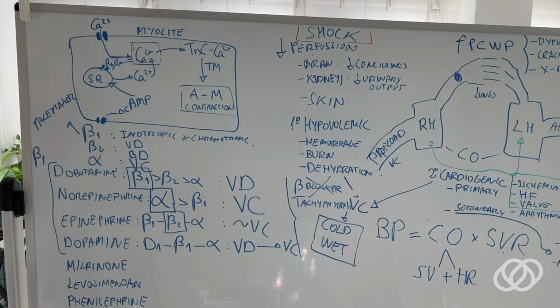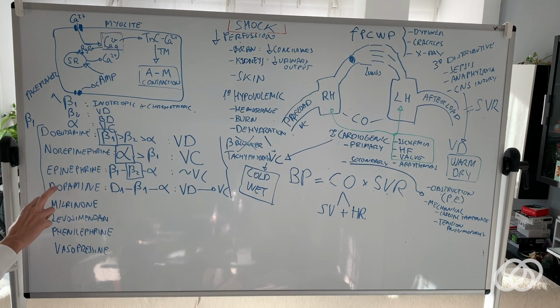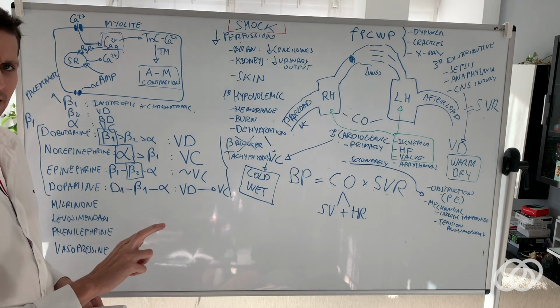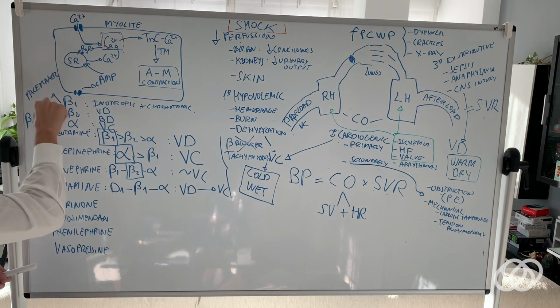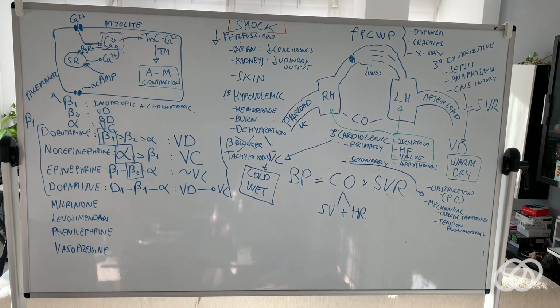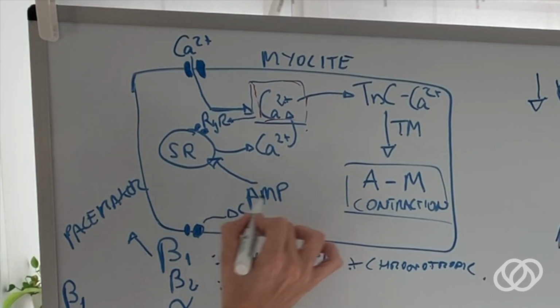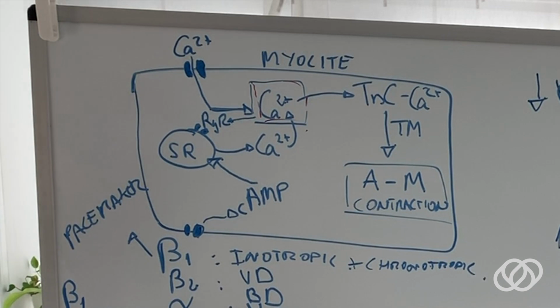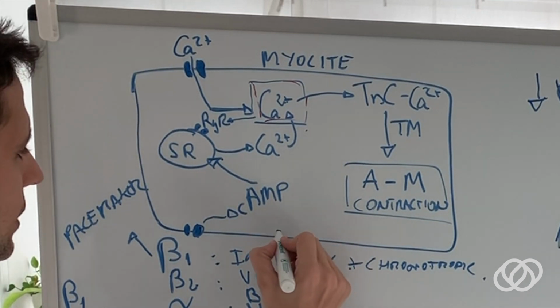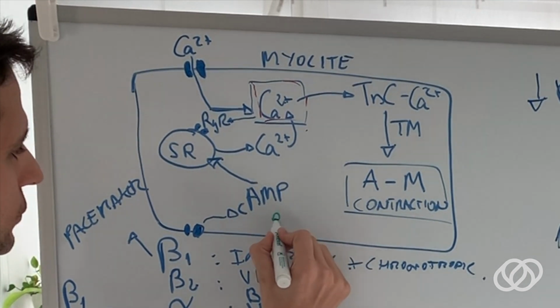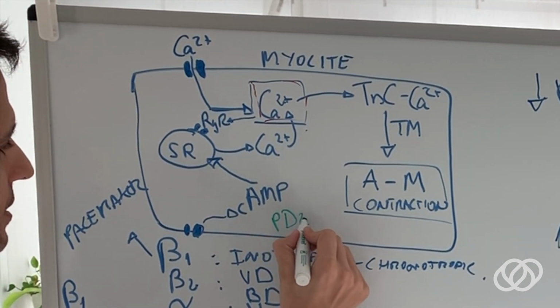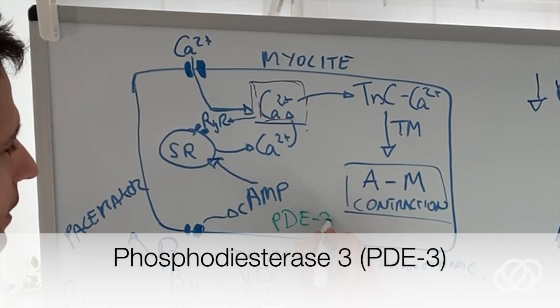So we have to look for other inotropic agents that have another route to act. We have another route, in fact, here, which you remember is the cyclic AMP. There is one enzyme called phosphodiesterase 3.